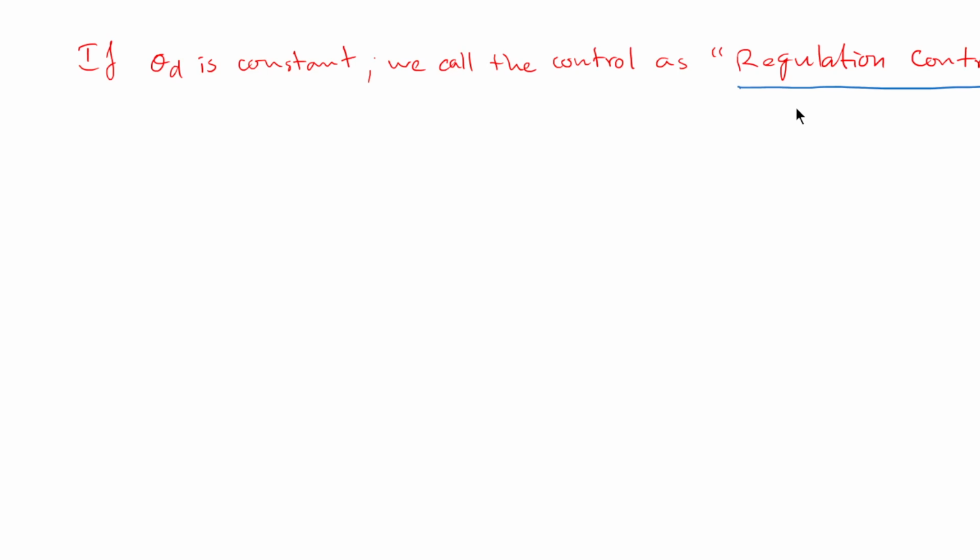That kind of control is called tracking. The architecture of control that I showed earlier performs well only for regulation control, but not for tracking. We will see tracking control later.